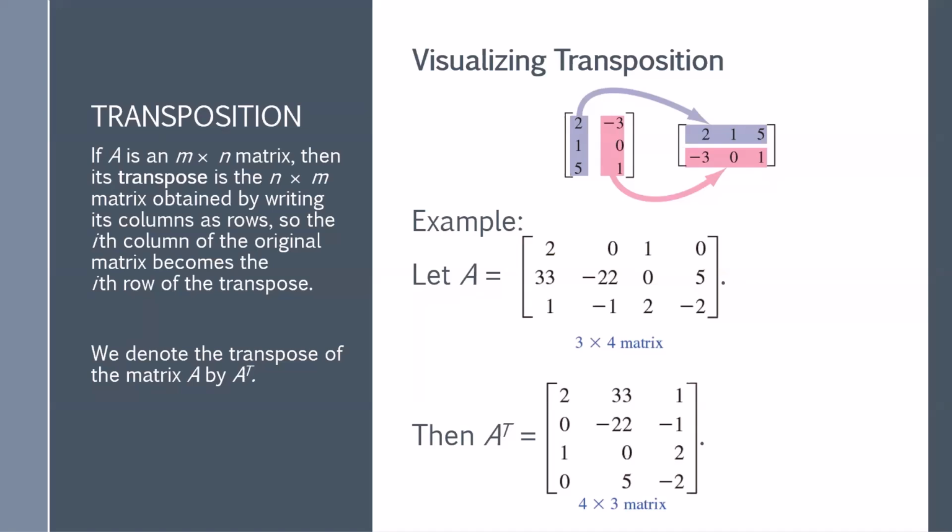Then matrix A transpose will have column 1, 2, 0, 1, 0. Matrix A has row 2 as 33, negative 22, 0, and 5. A transpose has column 2 equal to 33, negative 22, 0, and 5. A is a 3 by 4 matrix. A transpose, therefore, has to be a 4 by 3 matrix.